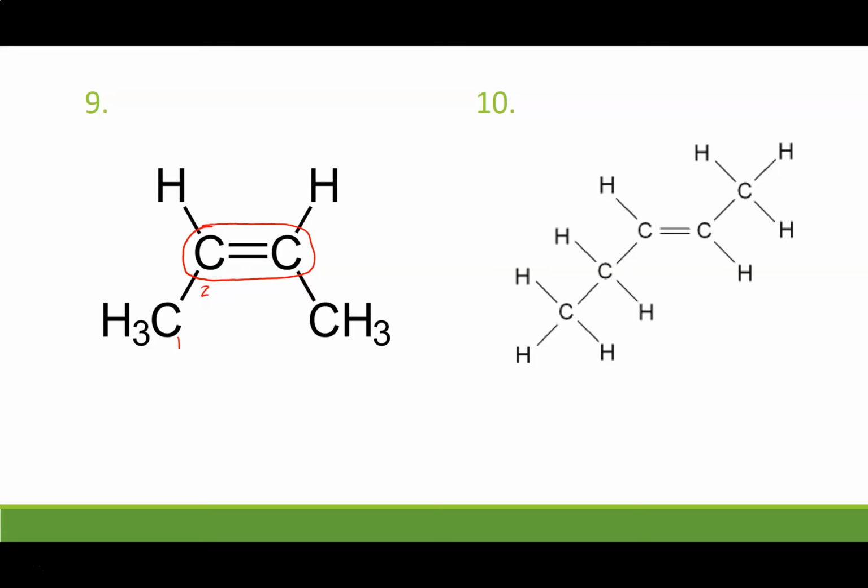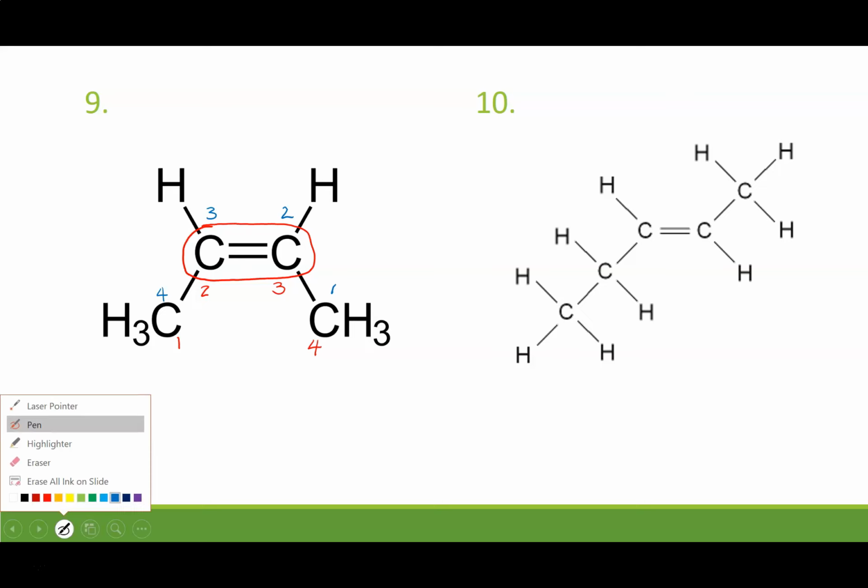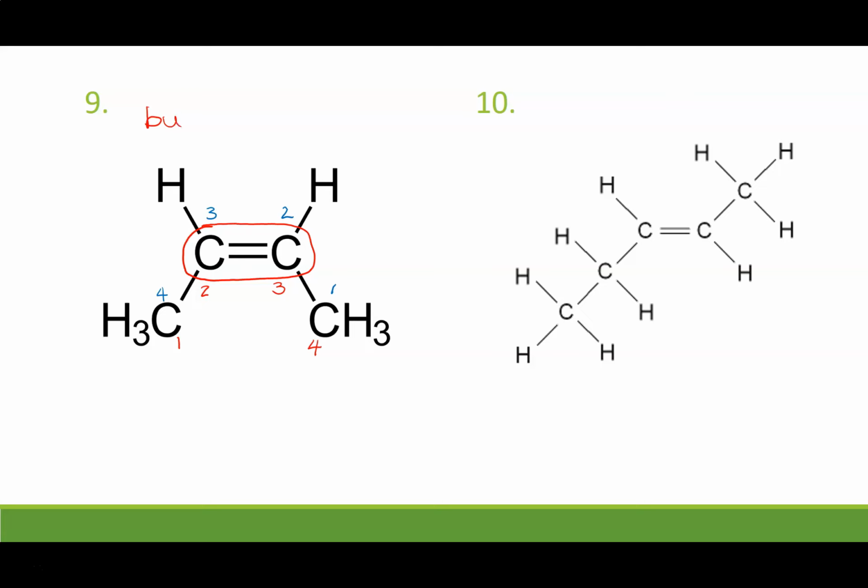Now notice we can number the carbons from the left to the right, or I can number them from the right to the left, like what I'm doing here in blue, and that alkenyl group will always be on carbon 2. So we would call this but-2-ene.